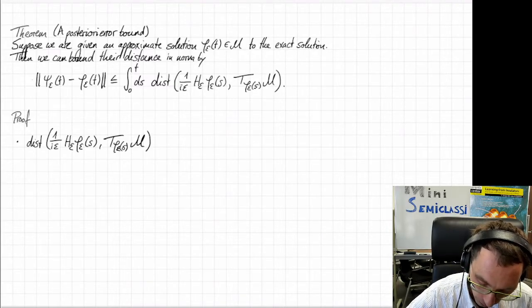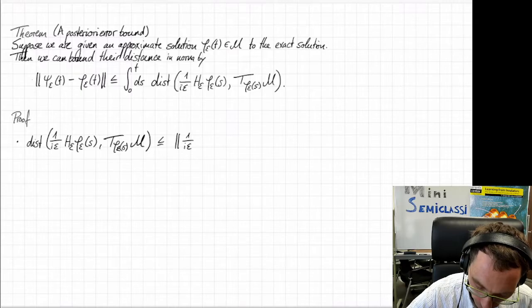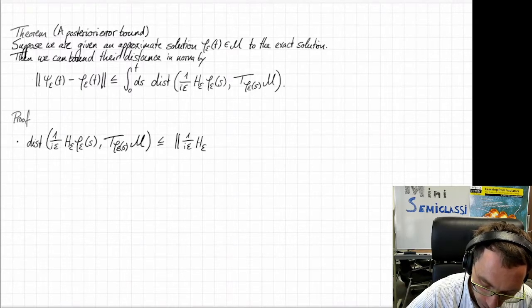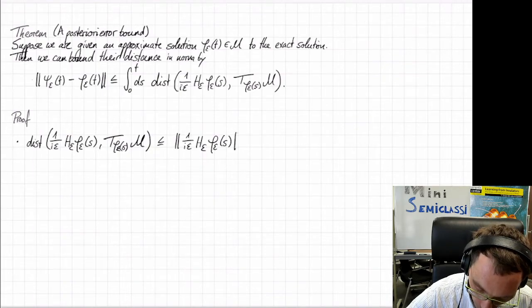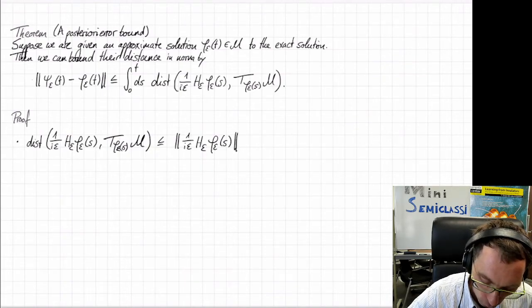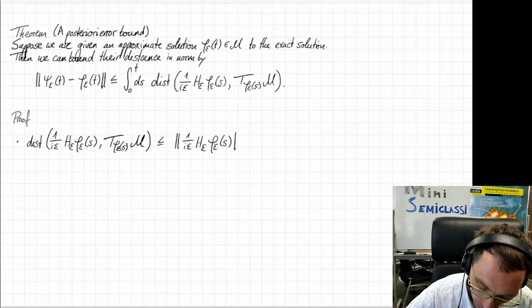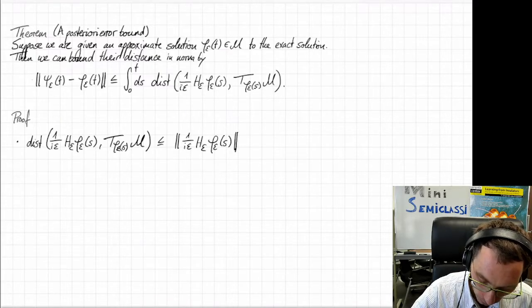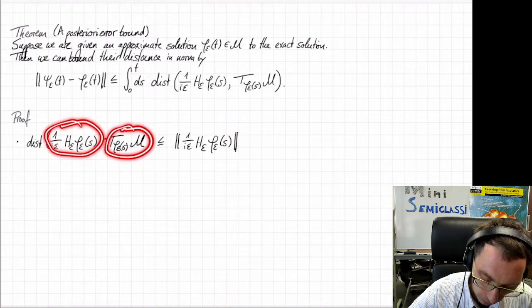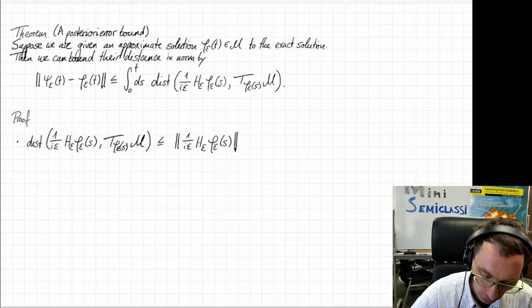Well, we can estimate this by simply the norm of 1 over i epsilon h epsilon phi epsilon of s. Right? Because the norm is maximized in case this vector here is orthogonal to the tangent space. Otherwise, it is smaller. And this is this approximation here.